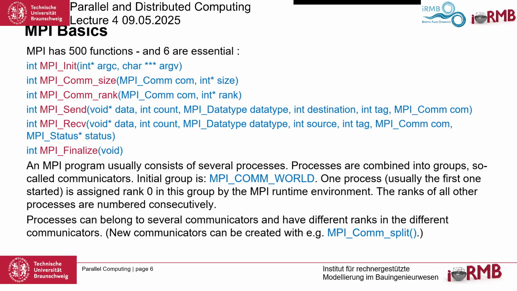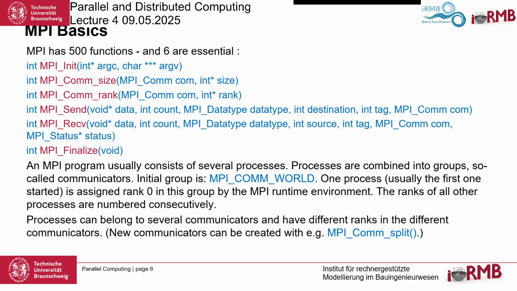Usually rank 0 is, in practice, not required but treated in a special way, because in all programs there's always some serial stuff, stuff that you want to do only once, and then you have to assign it to a specific process. It makes sense to let rank 0 do this, because rank 0 is the one that is always there.